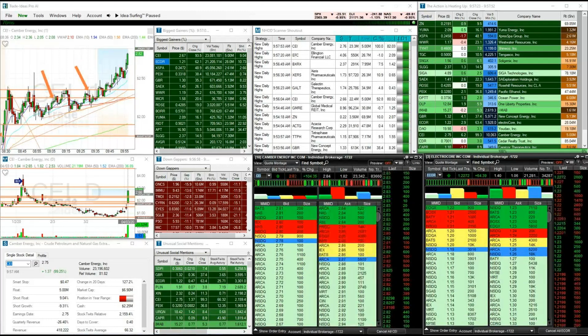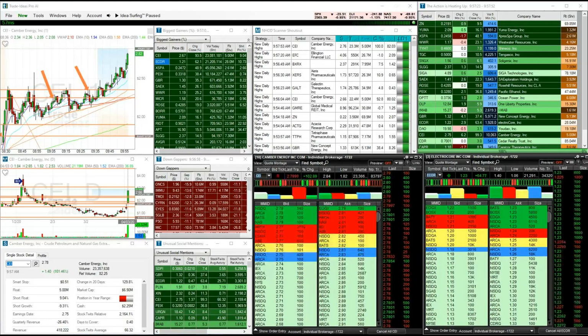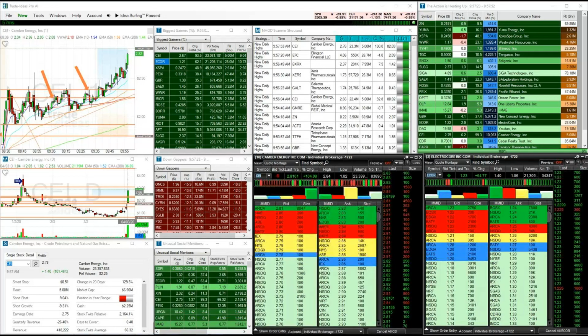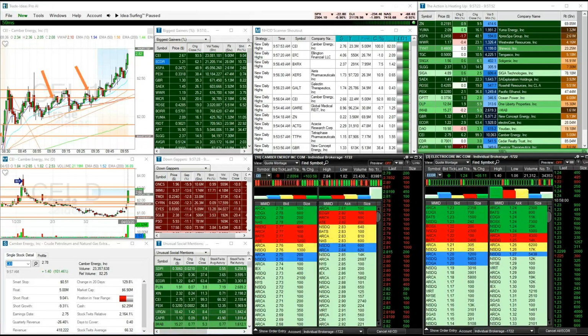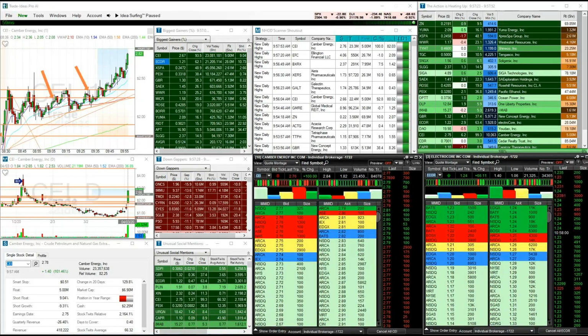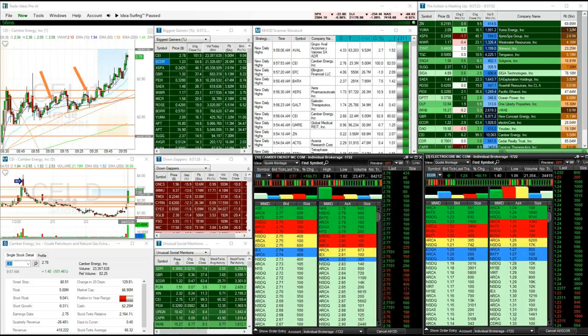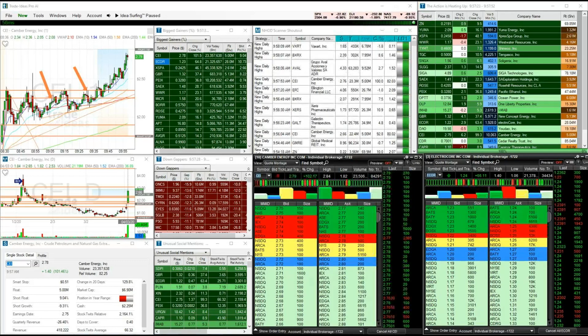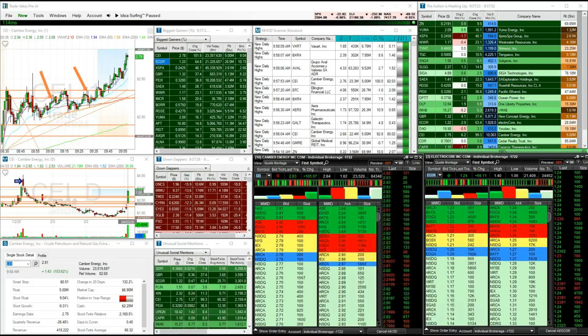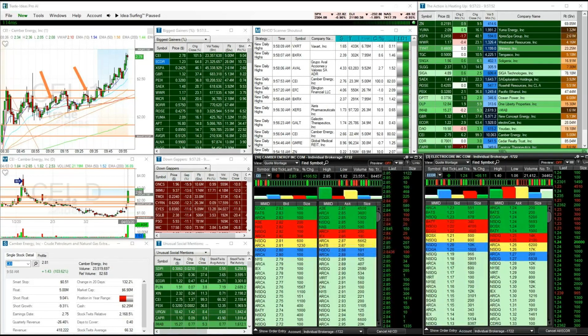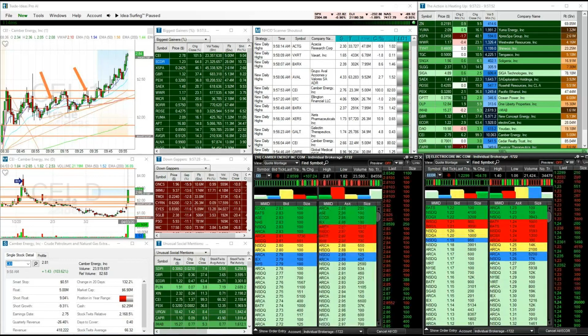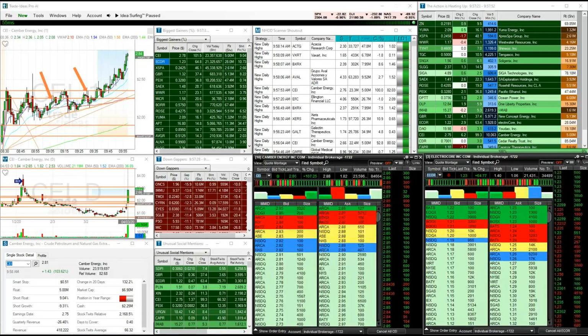Don't pay for Seeking Alpha, you don't have to. If there's a ticker you're interested in, just put in the ticker and read the articles on the right-hand side.